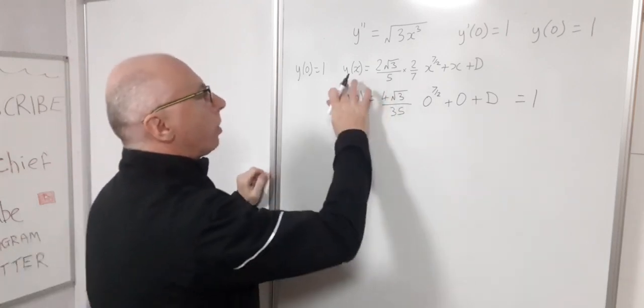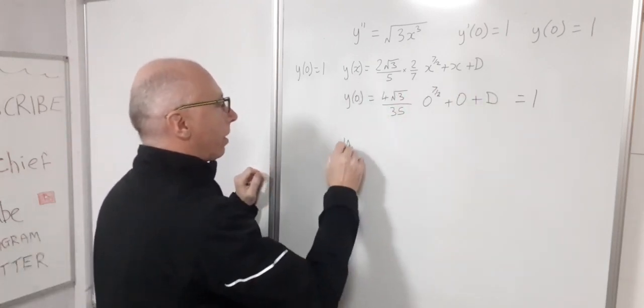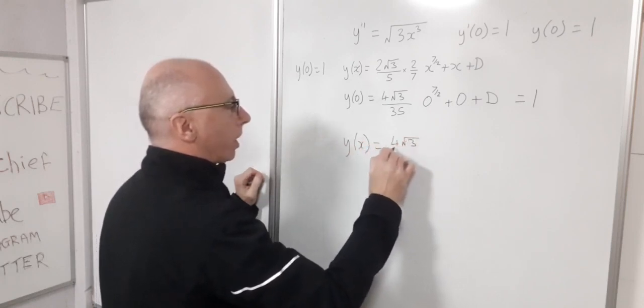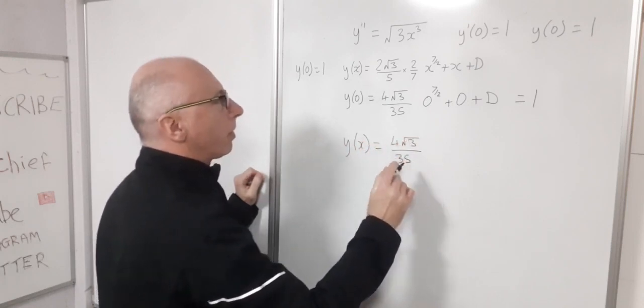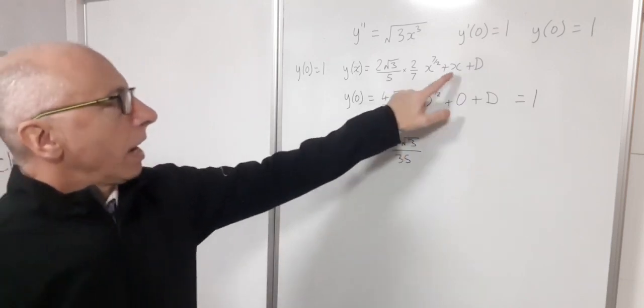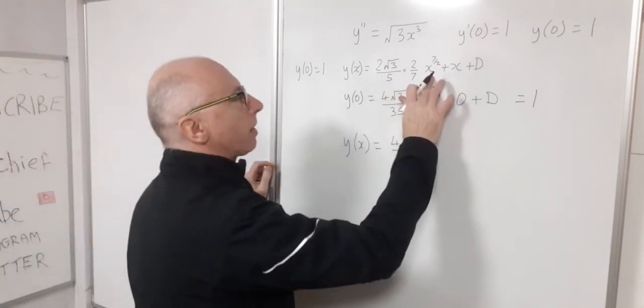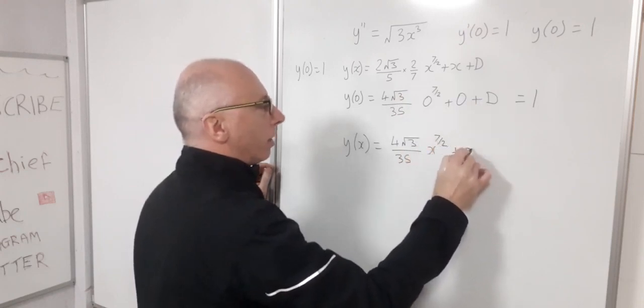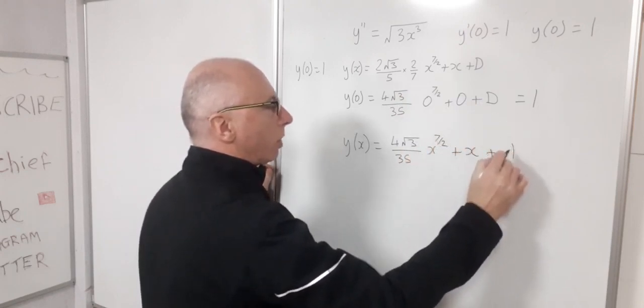So now we can write our y of x as 4 root 3 over 35, times x to the 7 over 2 plus x, and then plus d, which is 1.